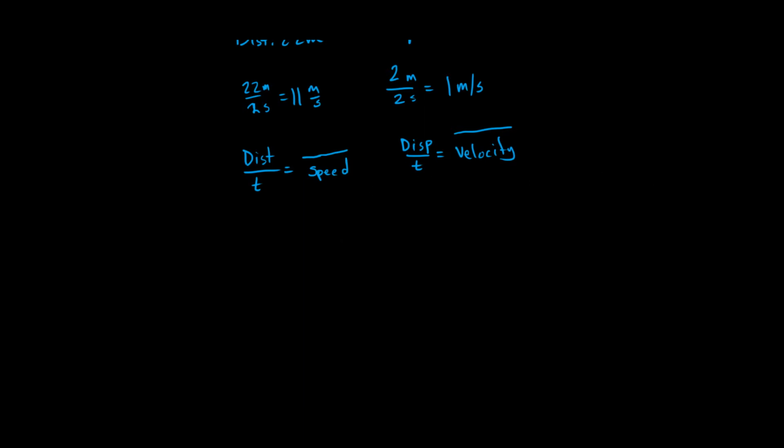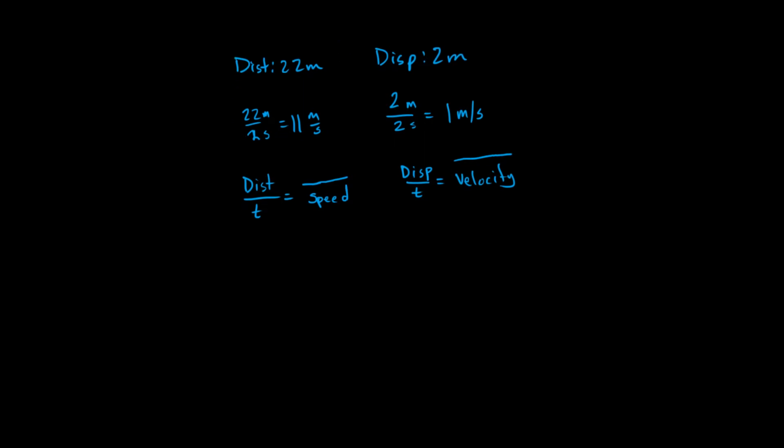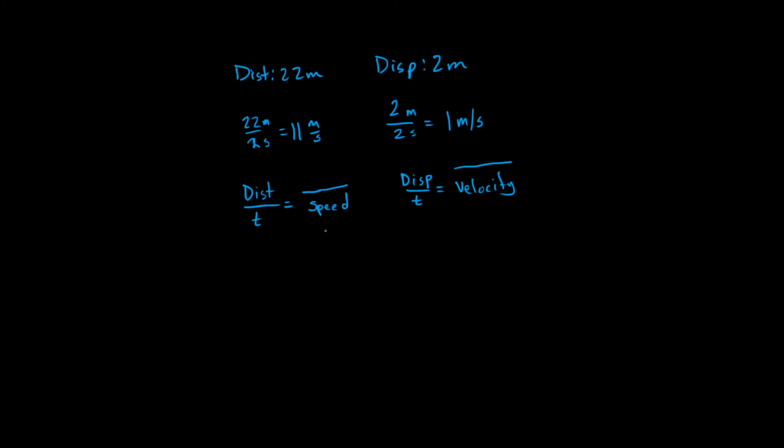Okay, so now we know that distance is a scalar and displacement is a vector. We can say the same thing for speed and velocity. So speed is a scalar and velocity is a vector. So that means every time we write down our velocity, we have to have a direction associated with it.